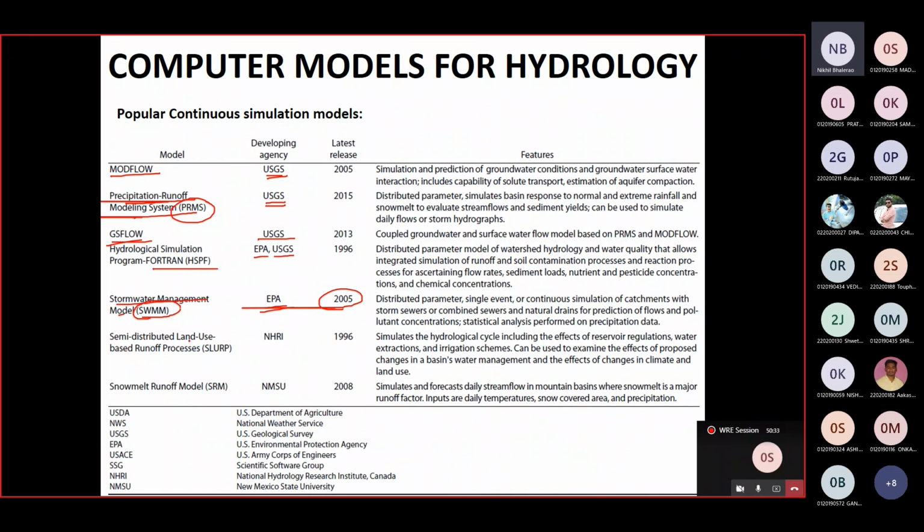Then semi-distributed land use based runoff process, SLURP. This is developed by NHRI, the National Hydrological Research Institute, Canada. Then snow melt runoff models, SRM, that is developed by NMSU, New Mexico State University. So we are having the listing of some of the models which are applicable at global scale.